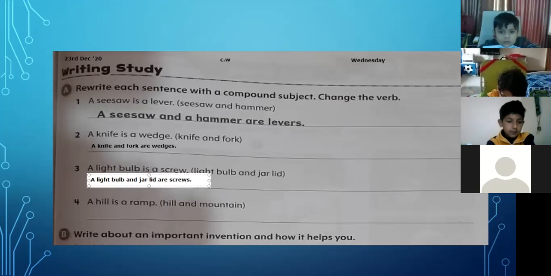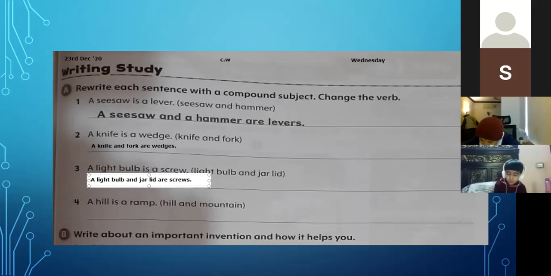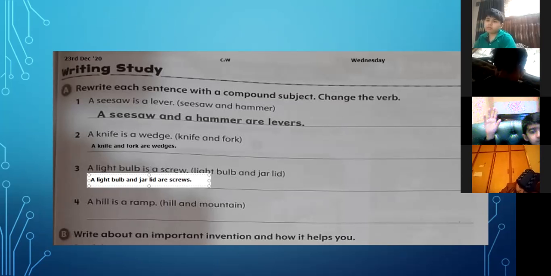Yes, Ahil? Ahil, where has Ahil gone? Wait. I can't see Ahil.